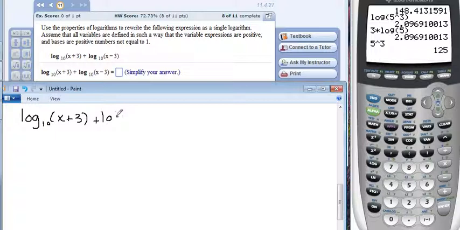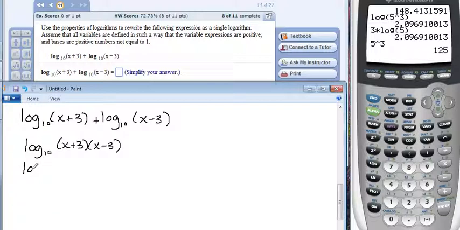Plus log base 10 of x minus 3. What do I have here? I have addition. Addition is multiplication. I can put those into one single log as long as the base is the same, and I can multiply them instead of adding them.